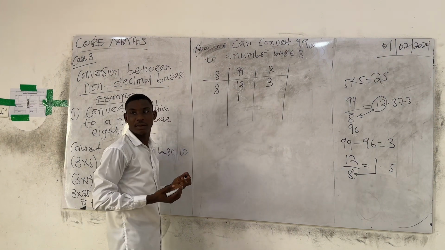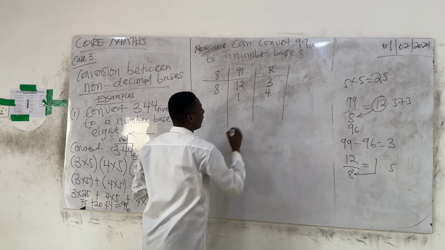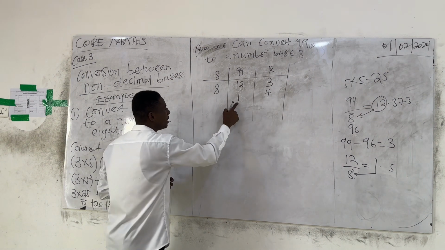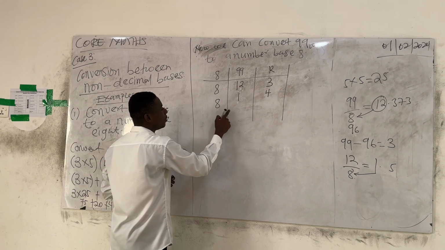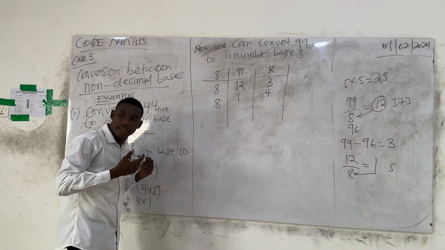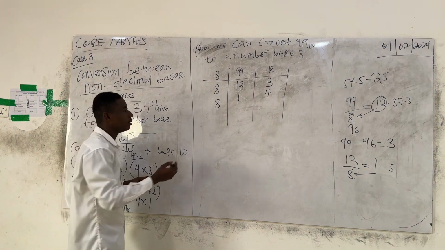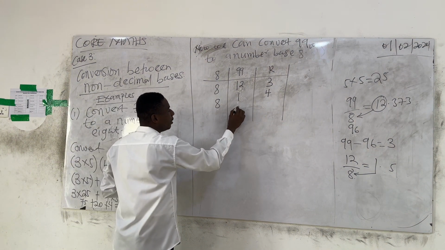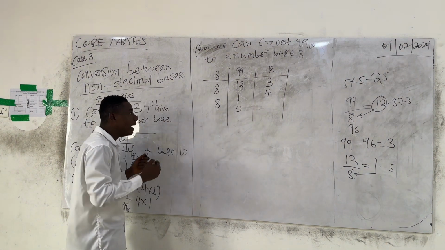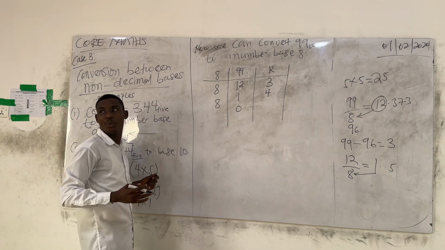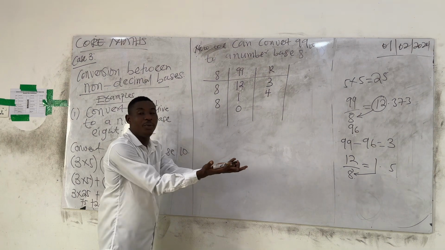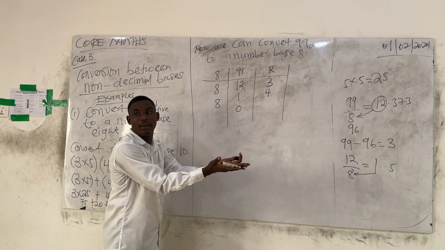How many left? 4. Is the quotient here less than the base? Yes. So it means we can't divide. So there's no quotient. So what do we do here? 0. To represent that 8 cannot divide 1 exactly.